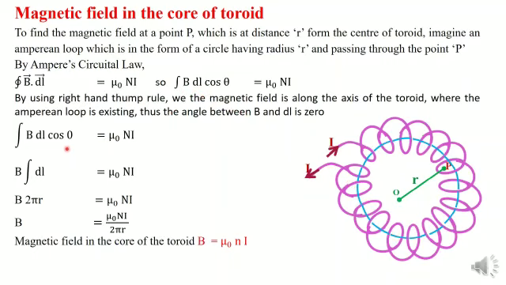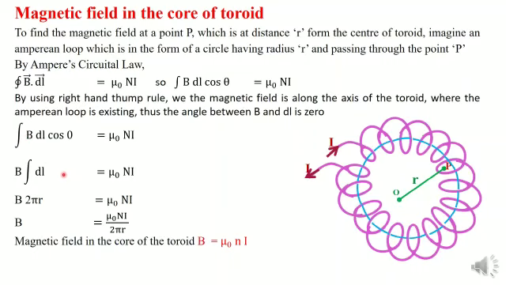So the expression becomes integral B dl cos 0 equals mu 0 N I. Since cos 0 equals 1 and the magnetic field inside the toroid, B, is constant, the expression becomes B integral dl equals mu 0 N I.